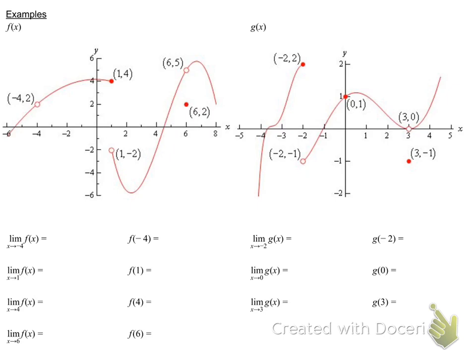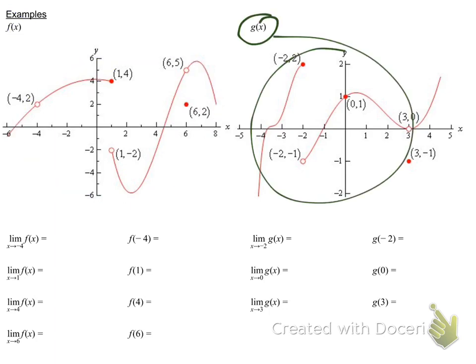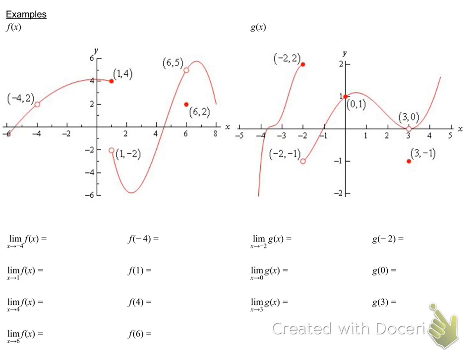So this first one, notice f of x is the graph on the left, and g of x is the graph on the right. I'll do the f of x problems and I'll let you try the g of x problems. So this first one, we say the limit as x approaches -4 of f of x. Well, the limit is right here on the graph, because on the left side we're approaching that value, and from the right side we're approaching that value.